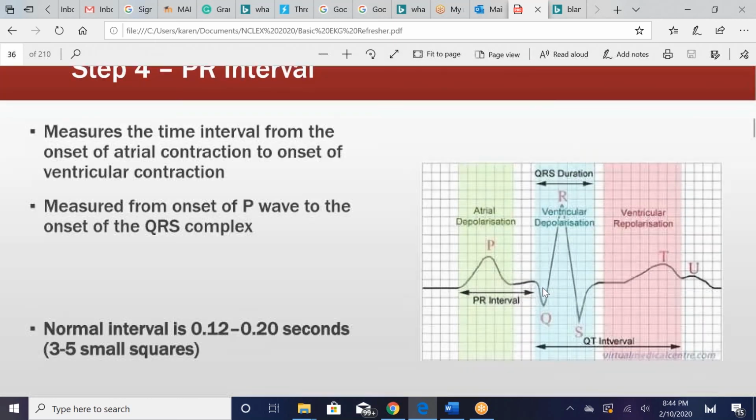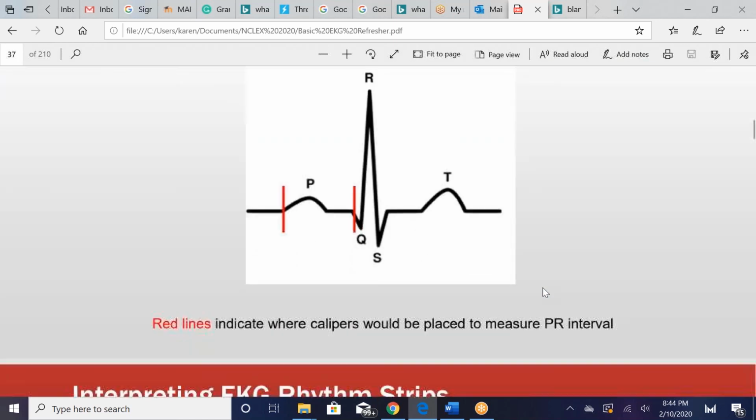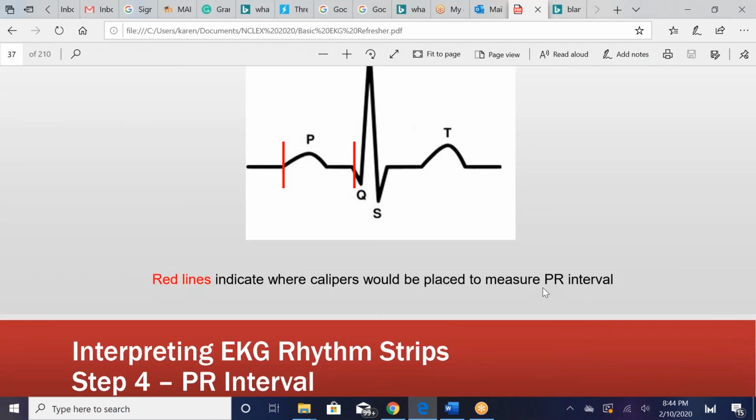All right, so that's the time, because if it's too close, that means you're having a contraction too fast. It tells a whole lot, which we're going to go into later on. So this is the PR interval, the beginning of the contraction of the atrium to the beginning of the contraction of the ventricle.